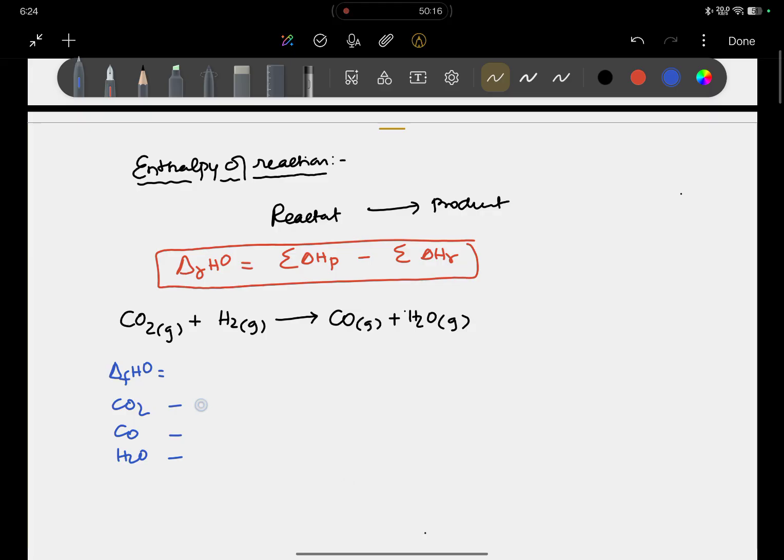For CO2 it is minus 393.5, everything in kilojoule per mole. For carbon monoxide it is minus 111.31 kilojoule, and water is minus 242 kilojoule per mole.